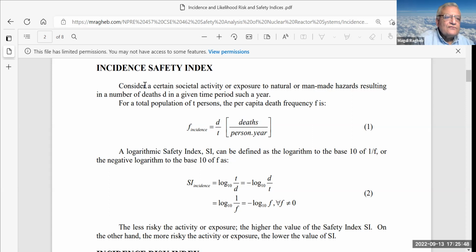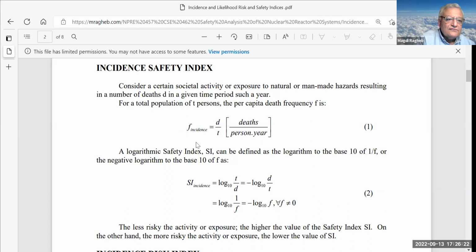So in that case, for a large population of a number of people T, you consider the ratio of the number of deaths per year, this statistic is available, and you divide by the number of persons. The F factor, in that case, we're going to define as a frequency, is the number of deaths per year divided by the number of persons involved.